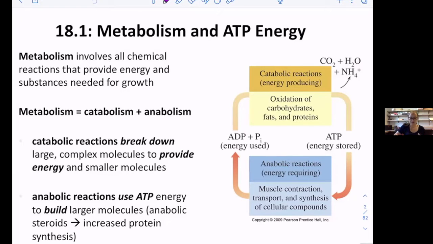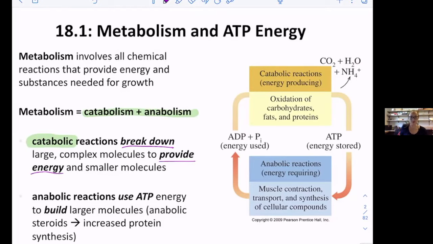So metabolism is based off of two different processes, catabolism and anabolism. And a catabolic reaction, the first one here, breaks down large things. So it's going to break down large molecules.